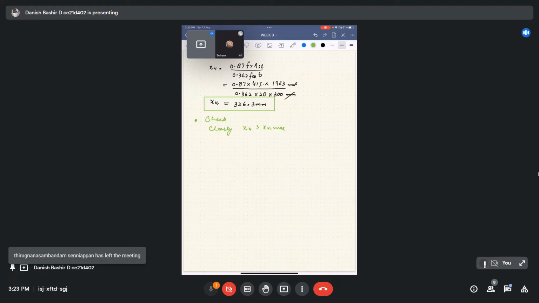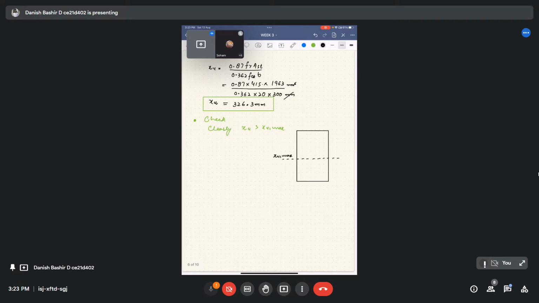Actually, if we see our concrete section, if it was XU max, when we calculated from that C equals T formula, our depth of neutral axis came like this.